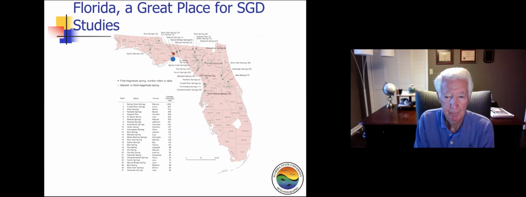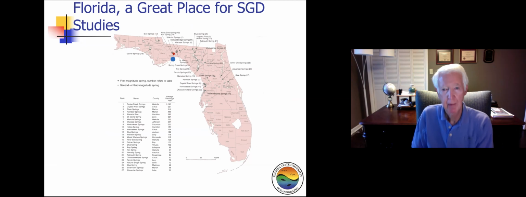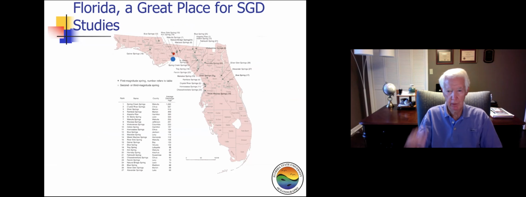Most of my career has been in Florida, and I moved here in 1977 and didn't know anything about groundwater. But when you start to travel around Florida, you pretty quickly find out that groundwater is a big deal here. Over 90% of our domestic water comes out of the Floridan aquifer, which is a huge freshwater aquifer that's not only in Florida, but extends up into Georgia, South Carolina, Alabama.